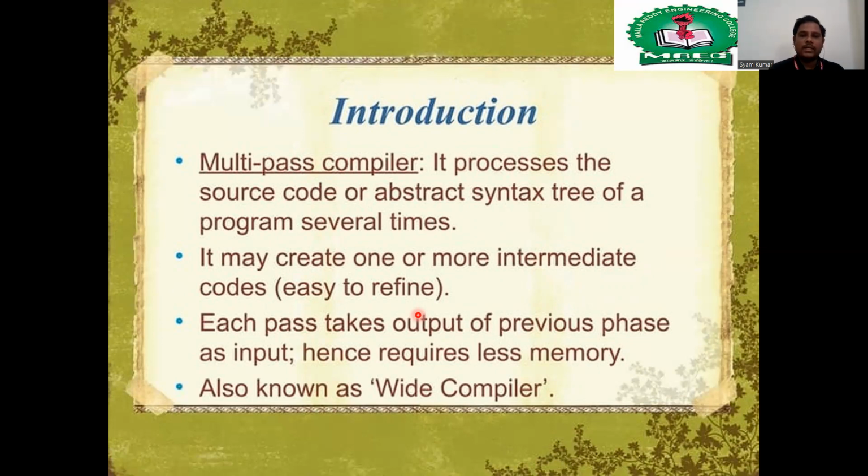In the previous one, it cannot create any intermediate code, but this will create one or more intermediate codes, very easy to refine. Each pass takes the output of the previous phase. There are a number of phases, and every piece of data comes phase by phase. So each pass takes the output of the previous phase as input, hence it requires less memory.